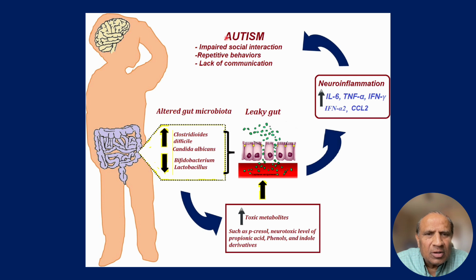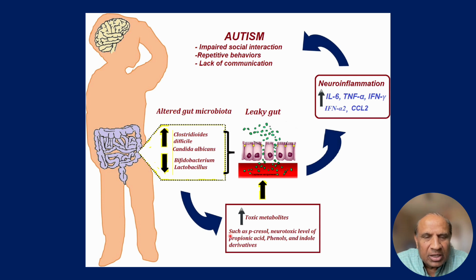I just want to touch quickly on autism and increased intestinal permeability. It has been postulated, especially in the lay public kind of media, that autism is from this leaky gut. Proposed theory is that leaky gut is secondary to altered gut microbiota, which may have increased Clostridium or Candida species and decreased Lactobacillus or Bifidobacterium.